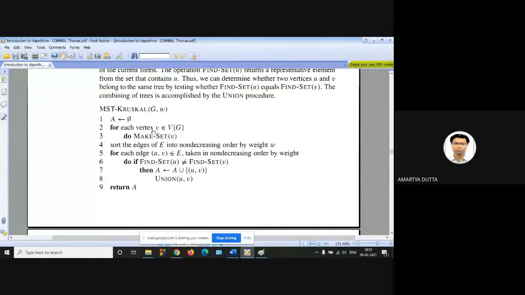For each vertex v that belongs to the set of vertices of G. So V of G denotes all vertices of your given graph G. For each vertex, you can use a for loop, for i equal to 1 up to all vertices.